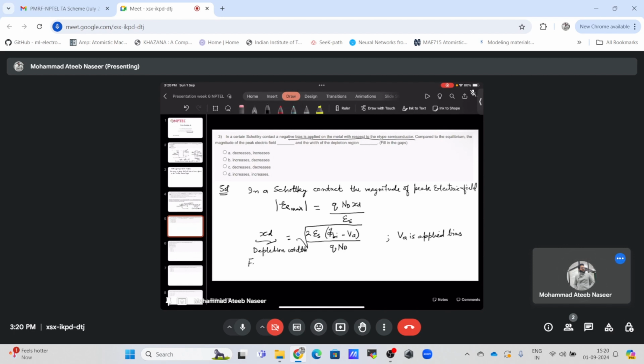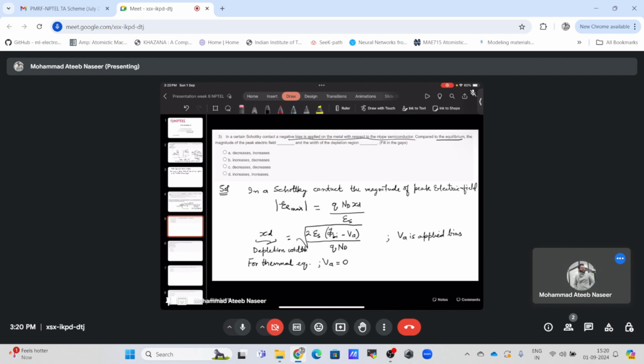For thermal equilibrium, as the problem says compared to the equilibrium, VA is 0.